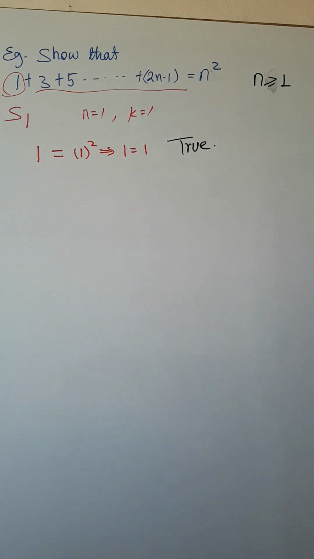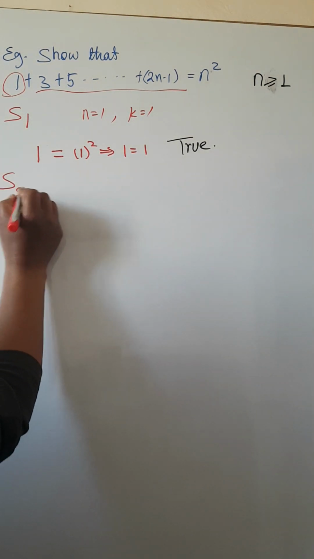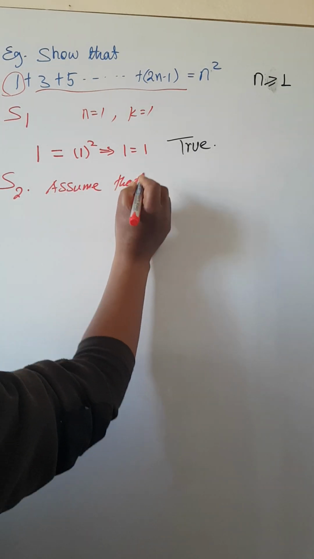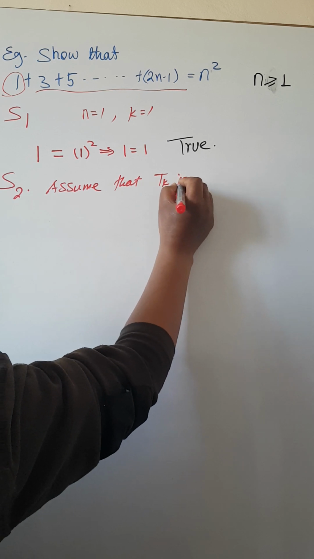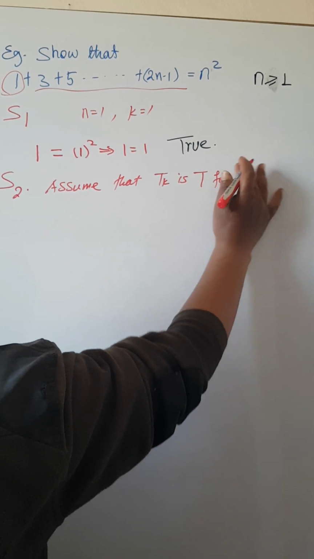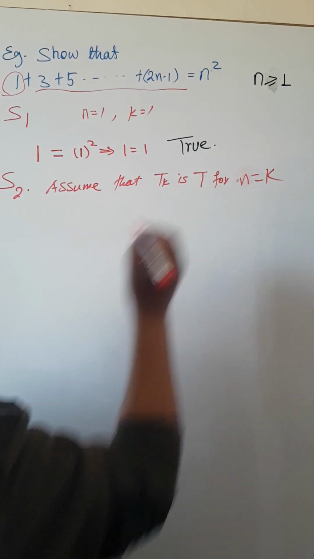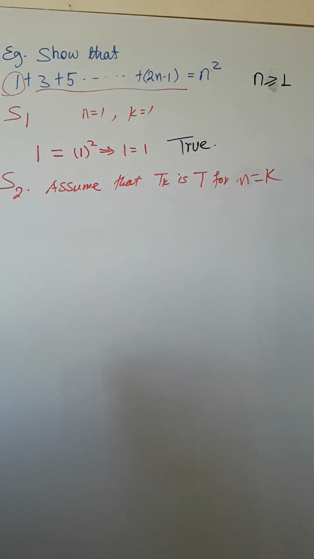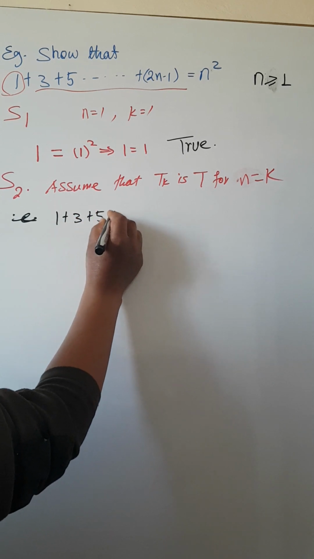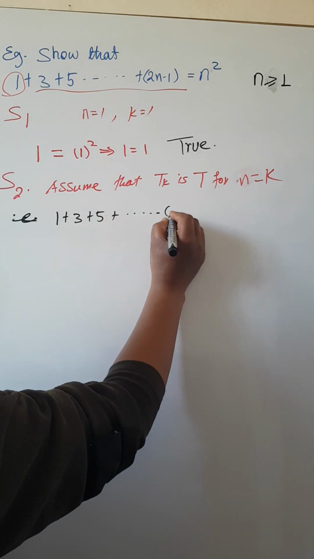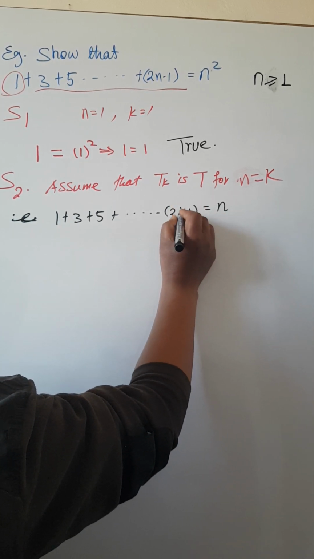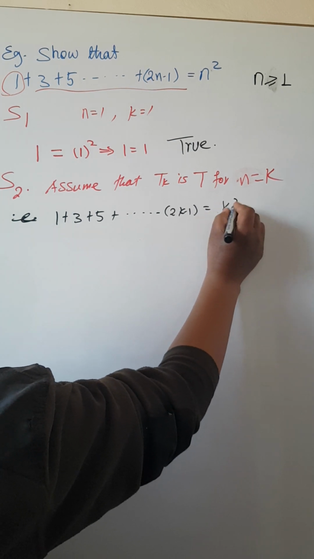Now the second step is step 2. Assume that tk is true for k equal to n, or n equal to k. That is 1 plus 3 plus 5 plus, in the bracket, 2n minus 1 is equal to k squared.